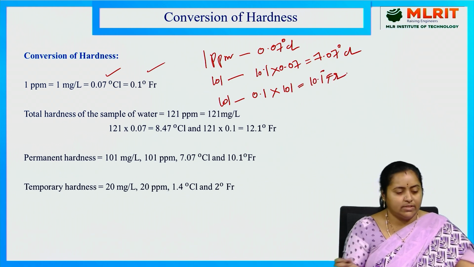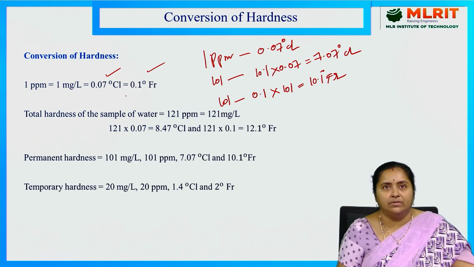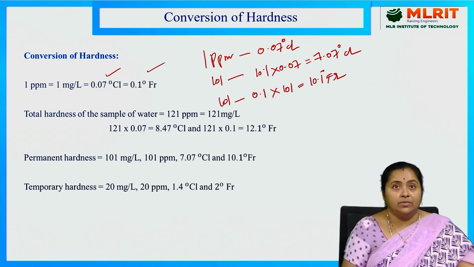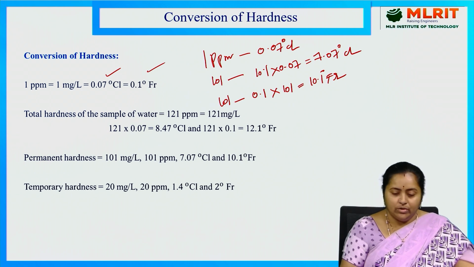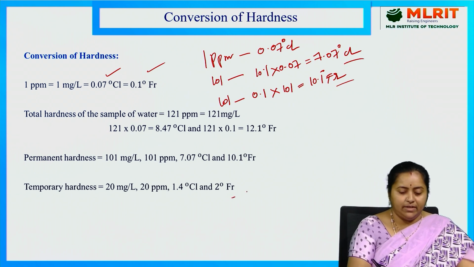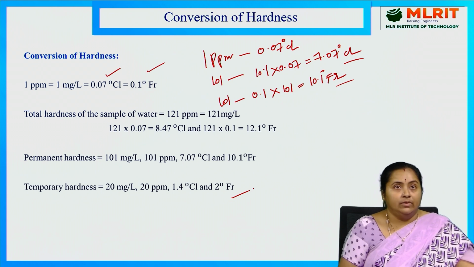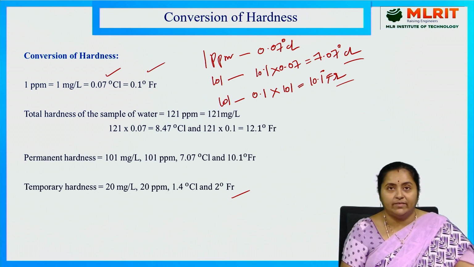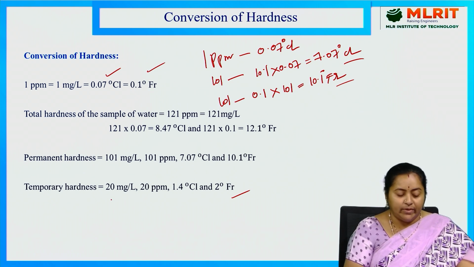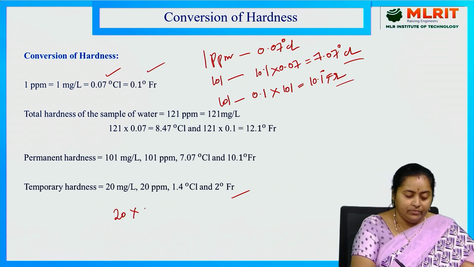So using these conversion factors, 1 ppm is equal to 0.07 degree Clark and 0.1 degree French, we are going to calculate these. In the same way, we can calculate temporary hardness also. 1 ppm is equal to 0.07 degree Clark. So 20 we got as the answer. So 20 into 0.07 degree Clark.